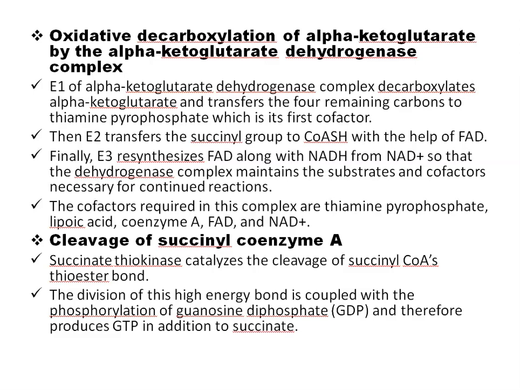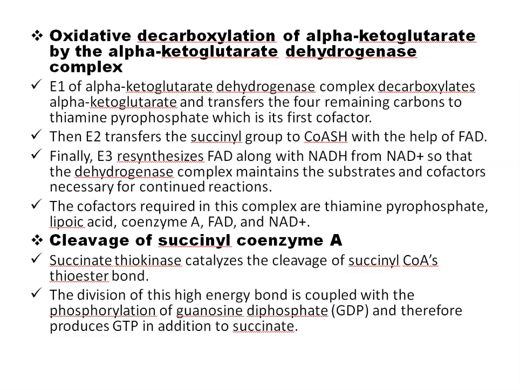Right? So E1 of this alpha ketoglutarate dehydrogenase complex decarboxylates alpha ketoglutarate and transfers the 4 remaining carbons to thiamine pyrophosphate, its first cofactor, right?